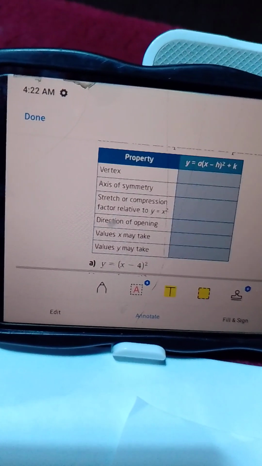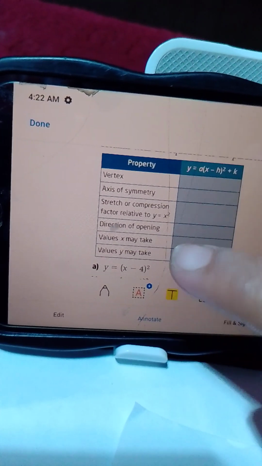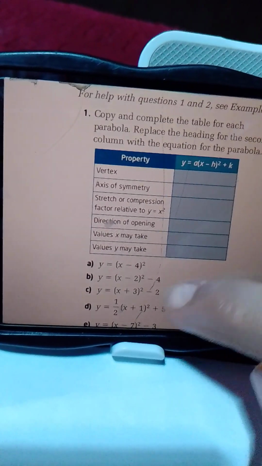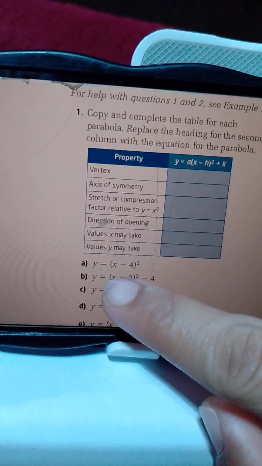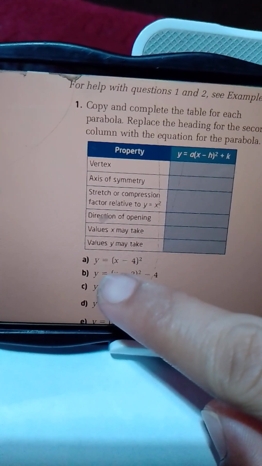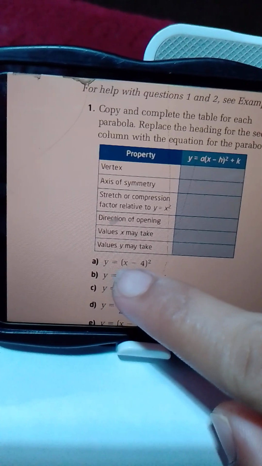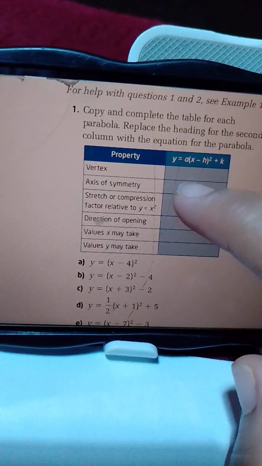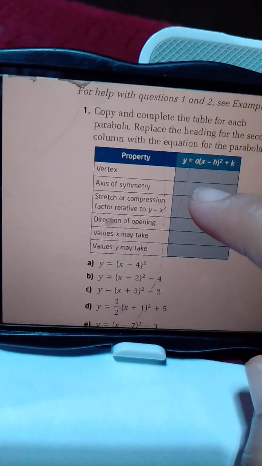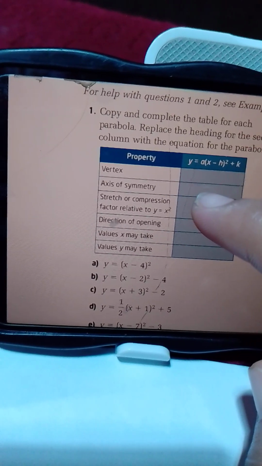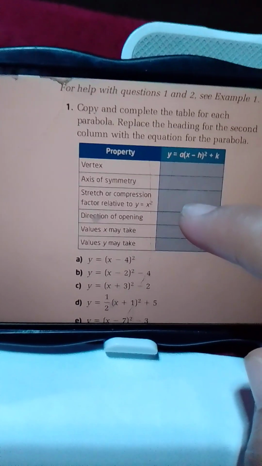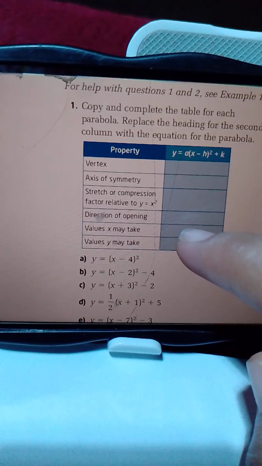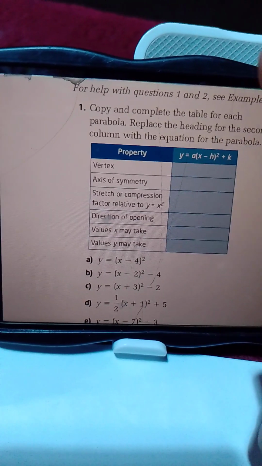This will be easy because it is the same as the key concept. For example, we have y equals (x minus 4) squared. The vertex here is (4, 0). The axis of symmetry is x equals 4. The stretch is 1. The direction of opening is upward.